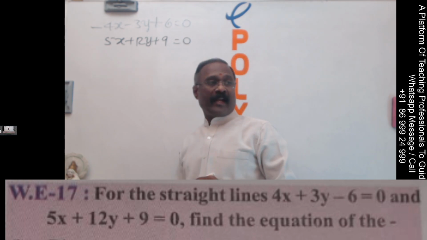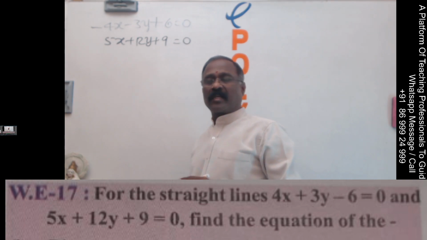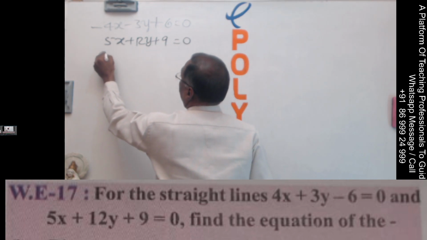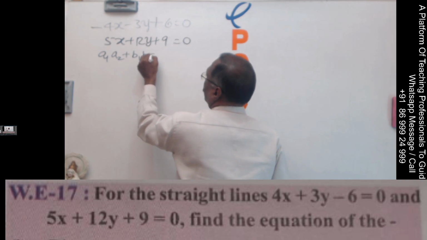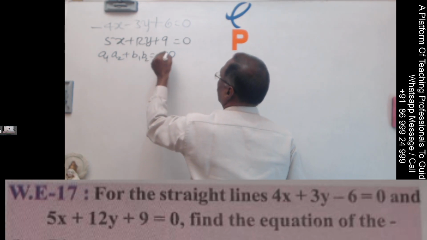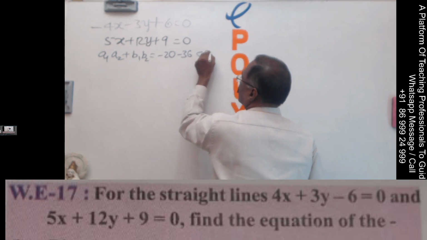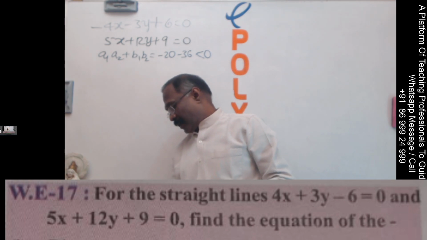These are the two lines we have. Now we are interested to find out the acute angle bisector. For that one, find out A1 A2 plus B1 B2, which is minus 20 minus 36, less than 0. We are concerned about whether it is positive or negative, that's all.